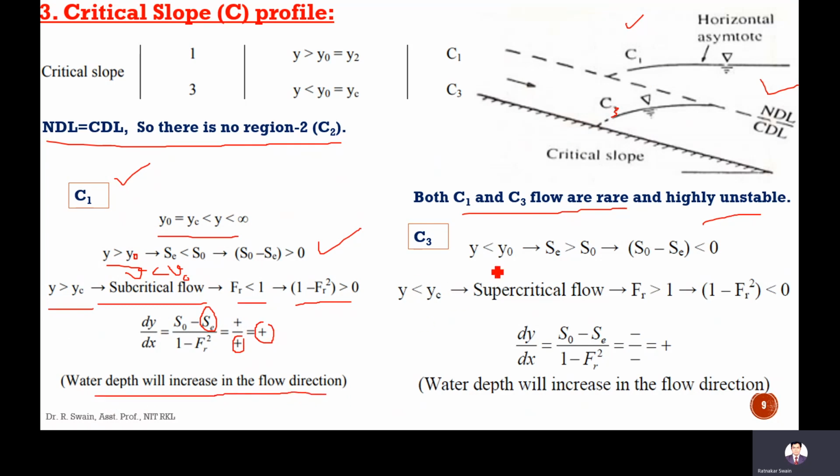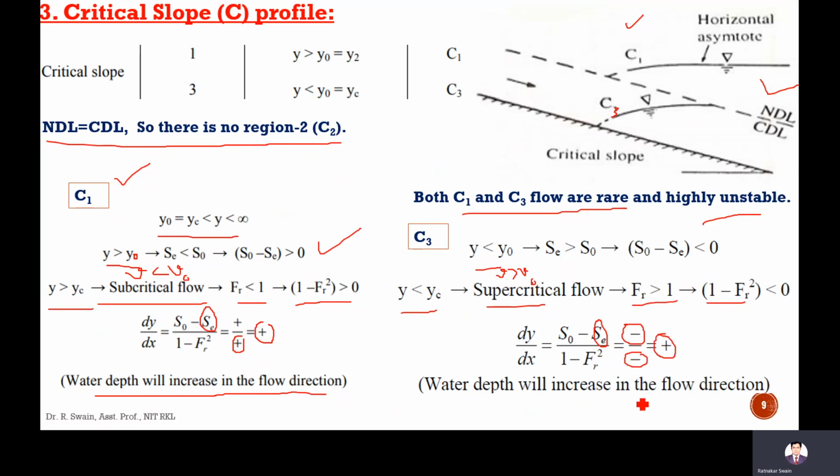Similarly, in the C3 curve, when Y is less than Y naught, it means B will be more than B naught. It means SE will be more than S naught. So SE is more, and this numerator will be negative. Since Y is less than YC, the flow is supercritical and Froude number is more than 1, so 1 minus F square will be less than 0, and the denominator will be negative. So negative divided by negative is a positive value.